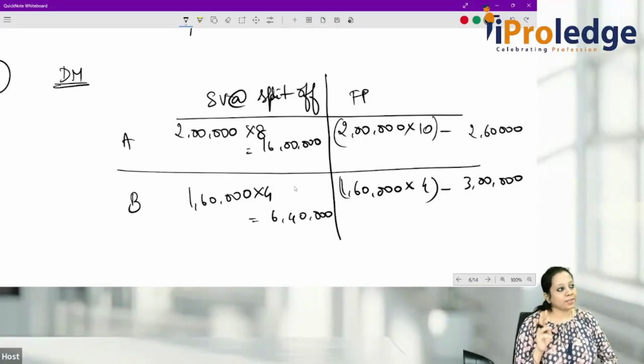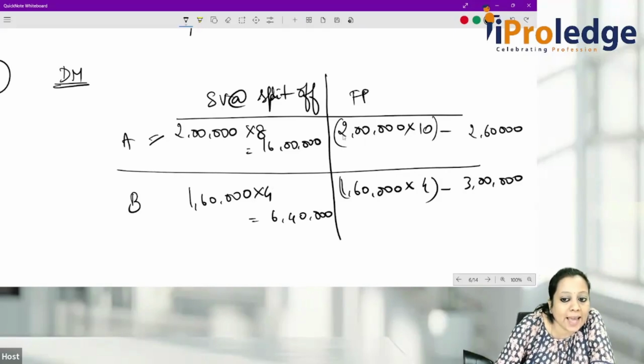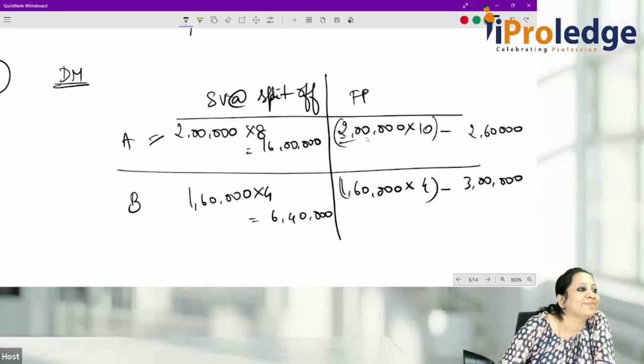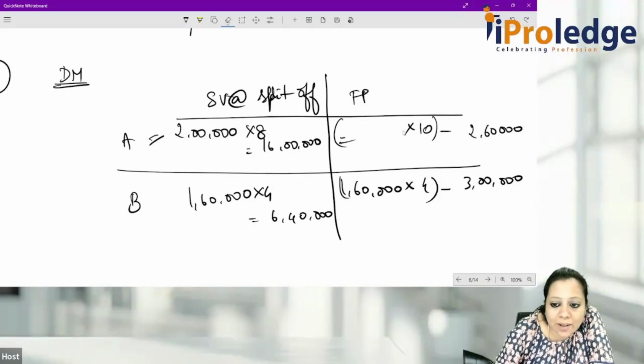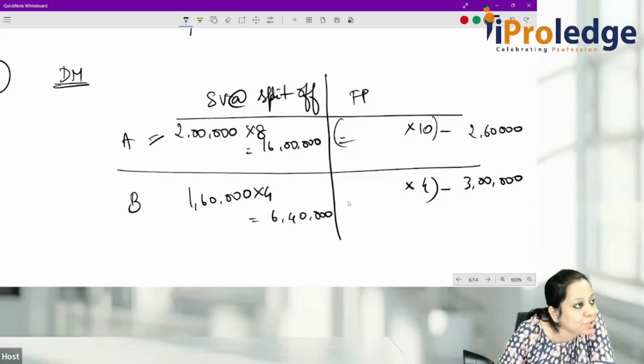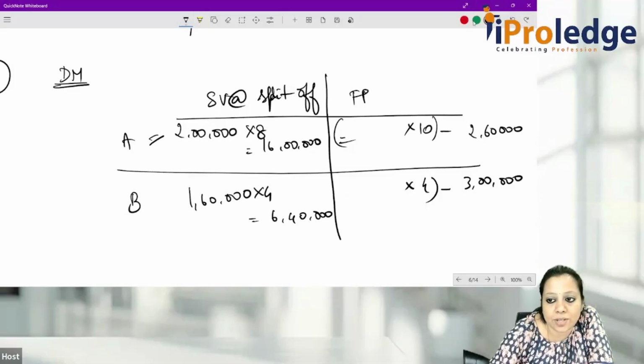There, I will take 2 lakhs for comparison purposes. But here, if it is 2 lakhs there, it can be only 1,60,000 here because there is normal loss. Right, students, everyone? And here there is a gain also. If it is 1,60,000 there, here it has to be different. Correct, everyone? So please pay attention to that.